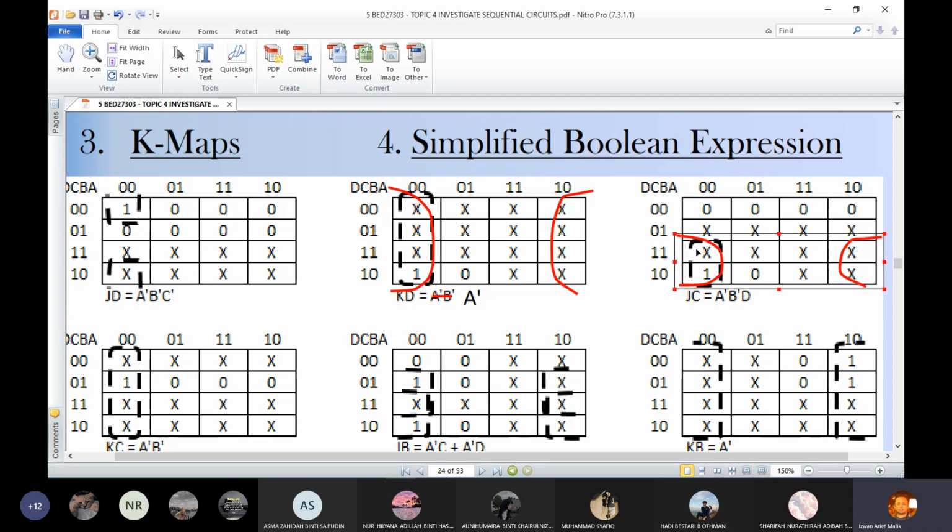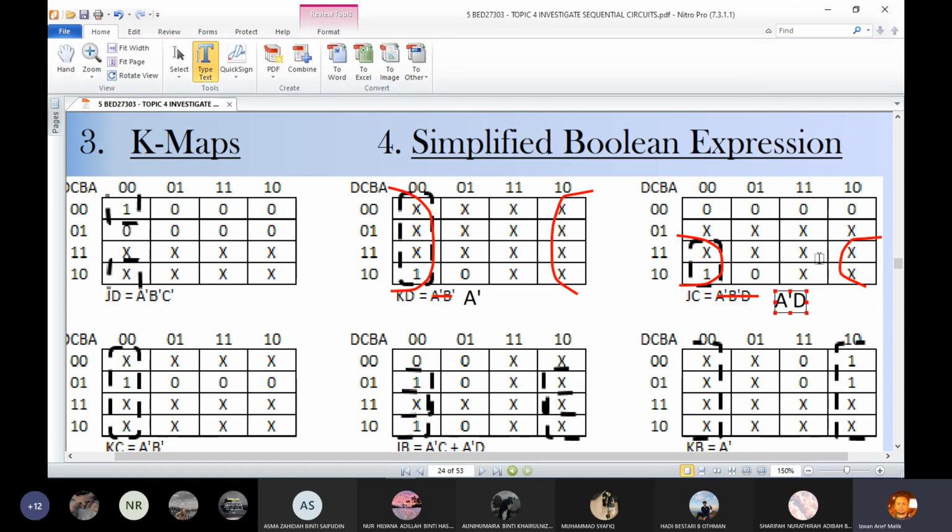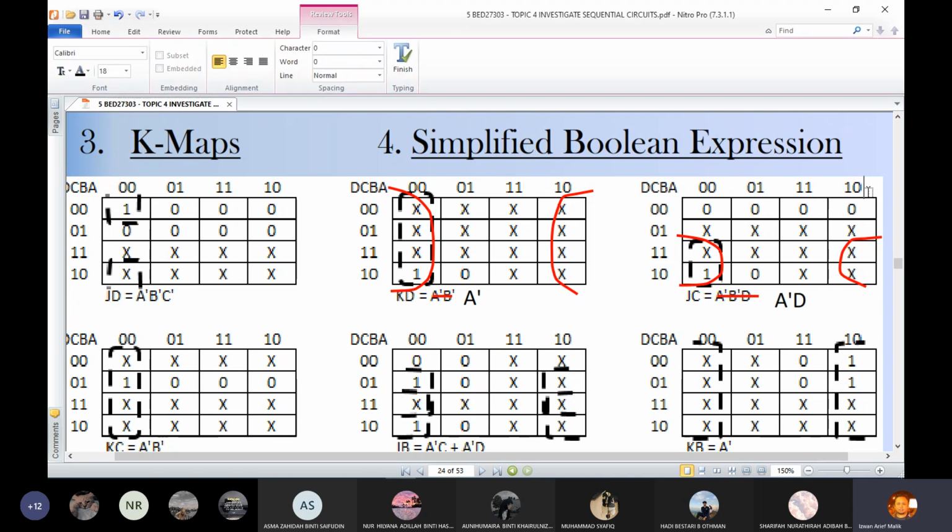So this will be D tak berubah, so D, B, C berubah, B 0 ke 1, A. Okay, so this will becomes apa tadi, D, C, B, A bar dan D. 0, 0, 1, 1 potong 0, 0 dan D. Okay, so A bar and D.